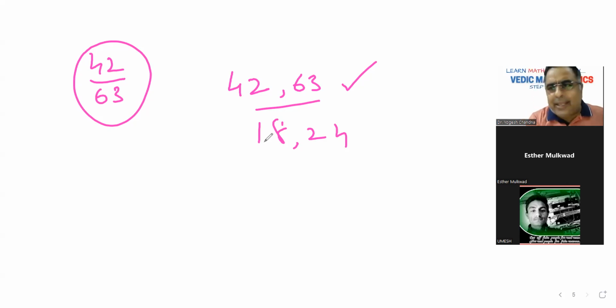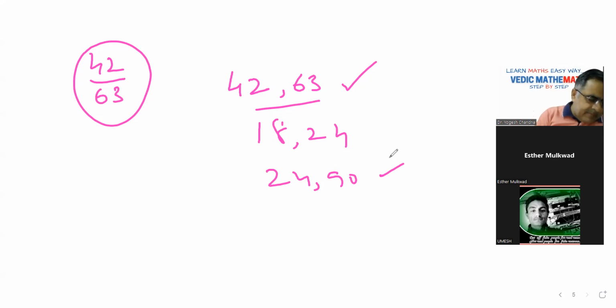Very good. So there, I don't think there is now any chance of any confusion. See, the point is confusion should be released. Okay, last: 24, 90. HCF 6, LCM 360.